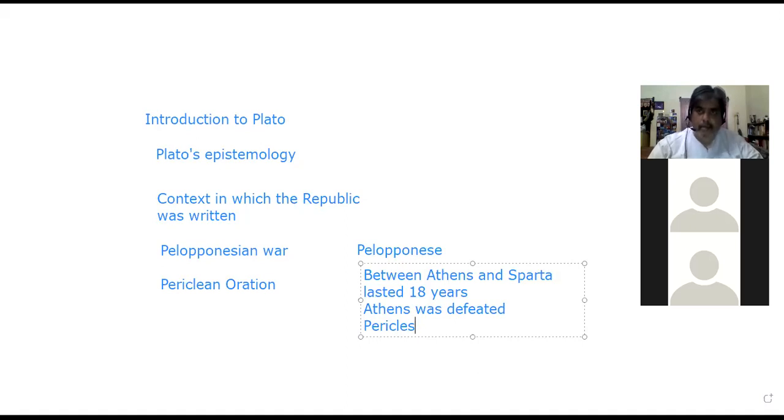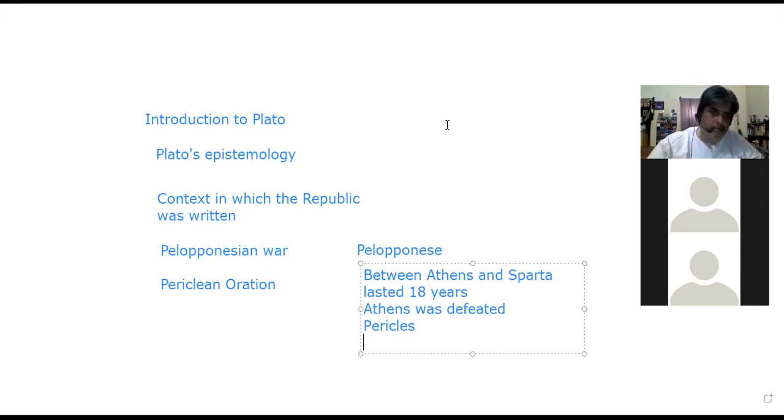Okay. And after the defeat of Athens to Sparta, he made a very famous speech which came to be called the Periclean Oration.